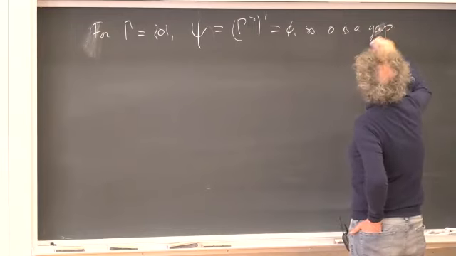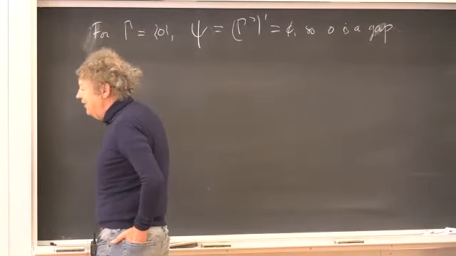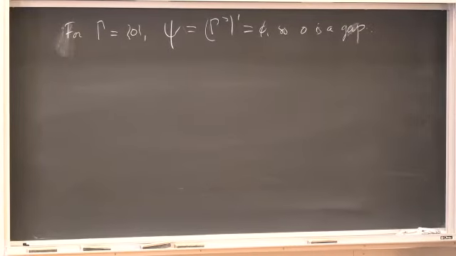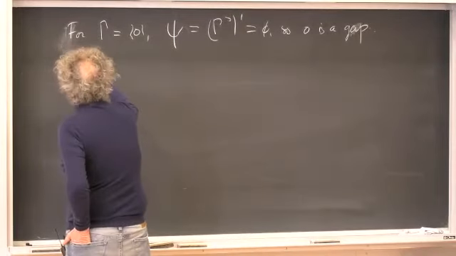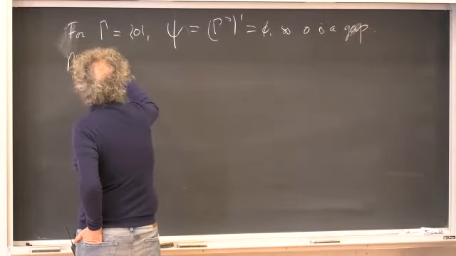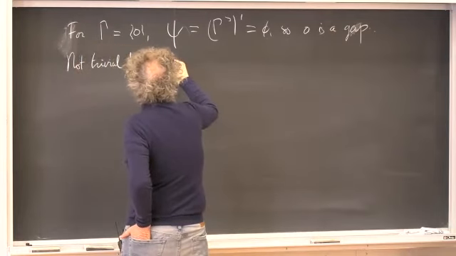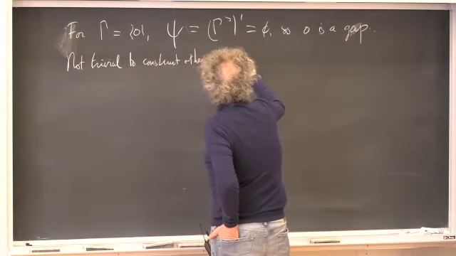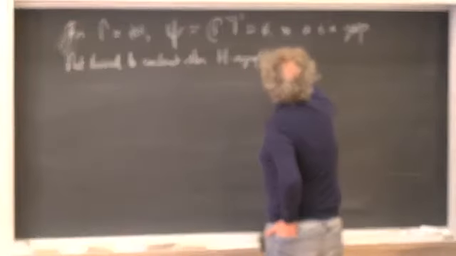It really does. But it's not trivial to come up with other asymptotic couples which have a gap. Not trivial to construct other H asymptotic couples with a gap.